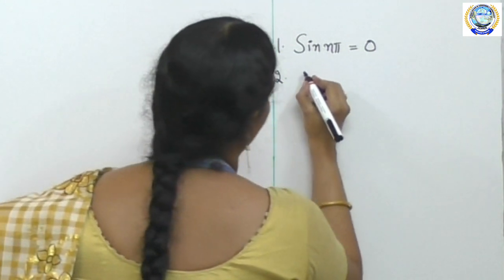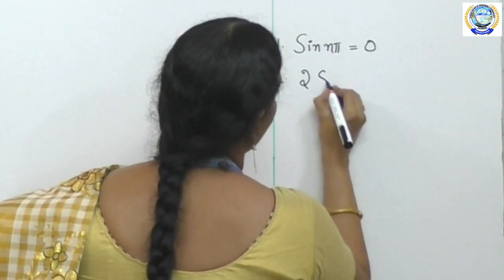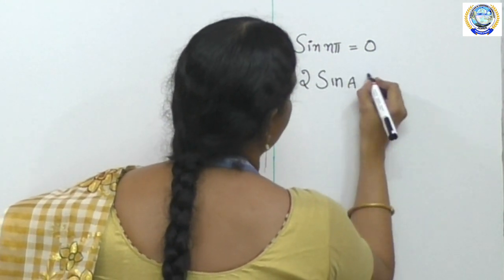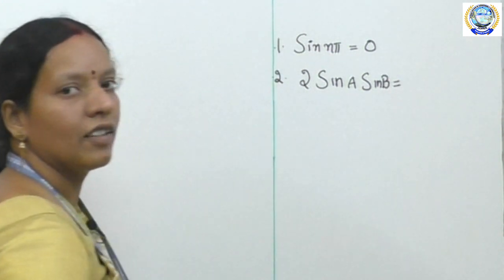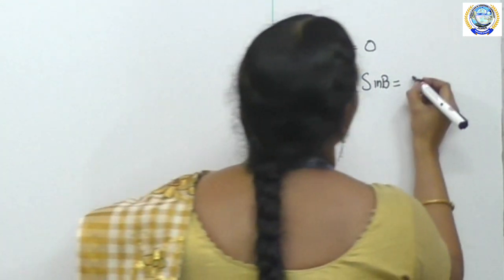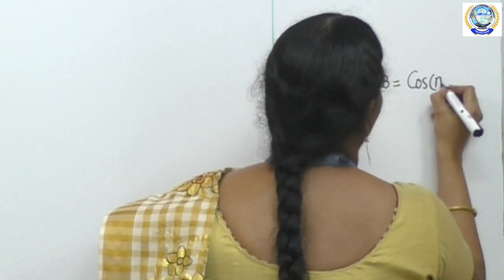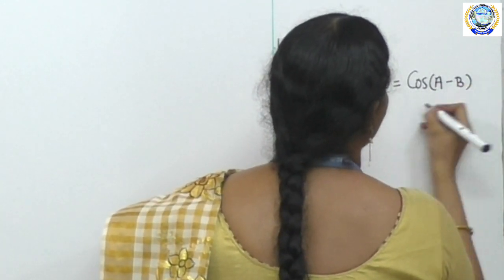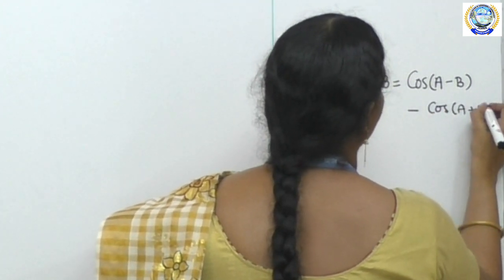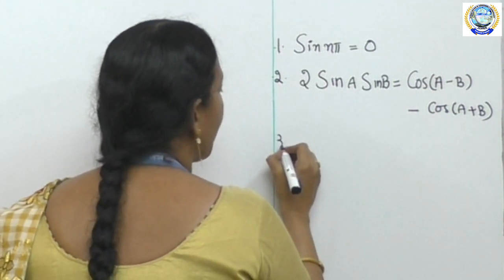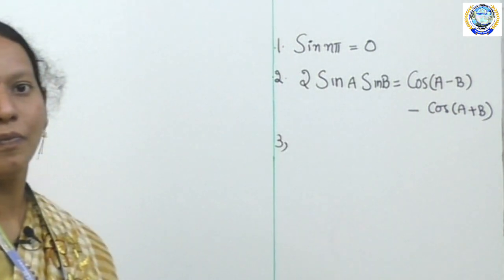What is the formula for 2 sin A sin B? Yes, cos A minus B minus cos A plus B. And one more formula.